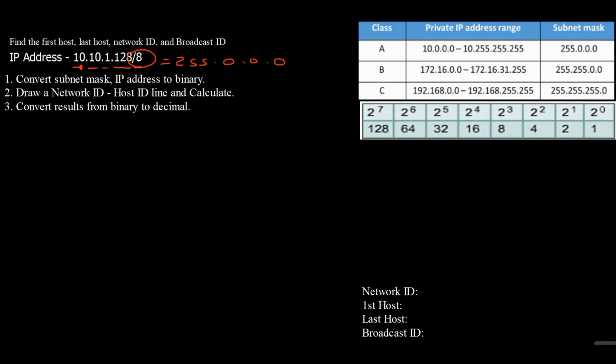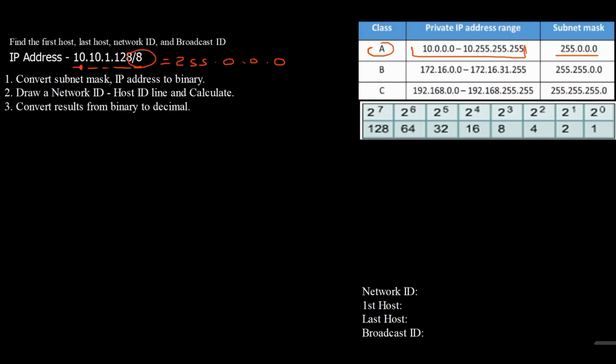If we check the range, it's 10.10.1.128, and if we see the private IP address ranges here, it's within the range. So yes, it's a class A, and this is the subnet mask, right? Since this is a class A, the network portion of this IP address will be only in the first octet, or the first 8 binary digits.